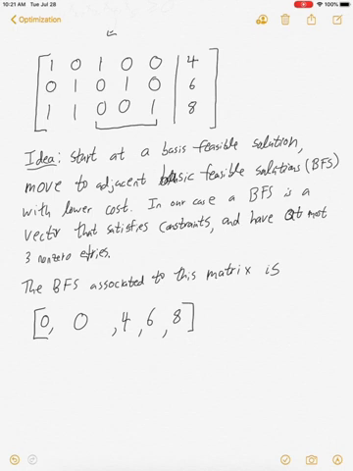If you multiply this matrix, so I'm ignoring the last column and just taking the matrix on the left-hand side, and I multiply by my basic feasible solution that I just wrote down, well, you can check that first row dot product with this vector gives me 4, second row gives me 6, third row gives me 8.